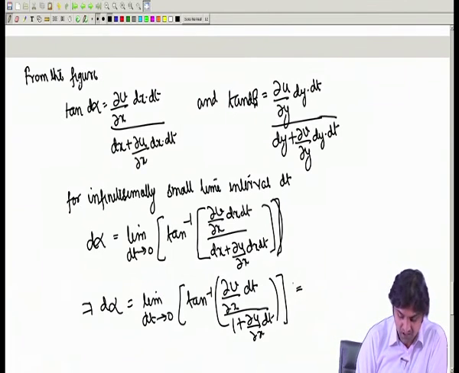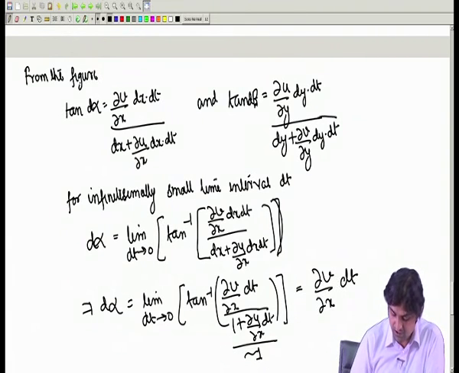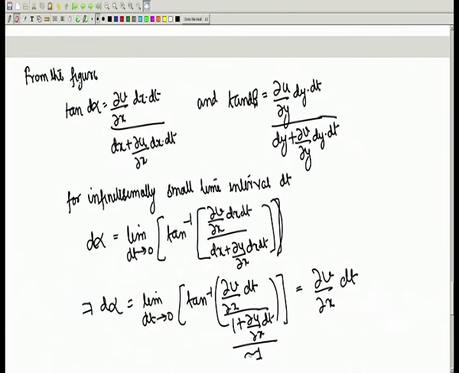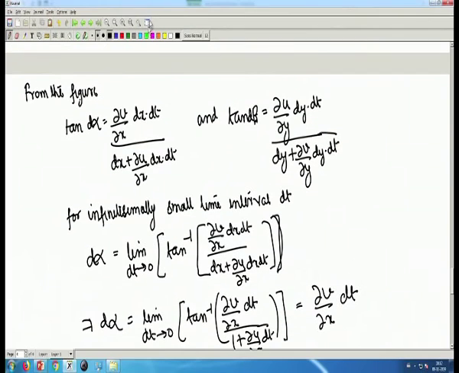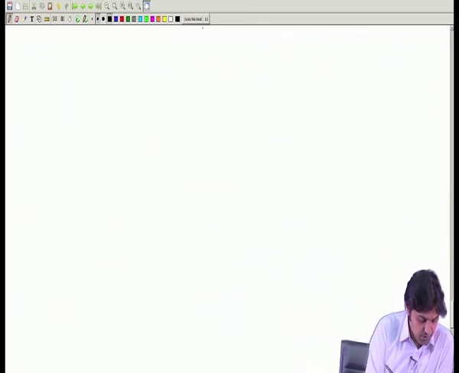Because dt is very small, this is going to be approximately equal to 1, and it will be del v by del x dt.